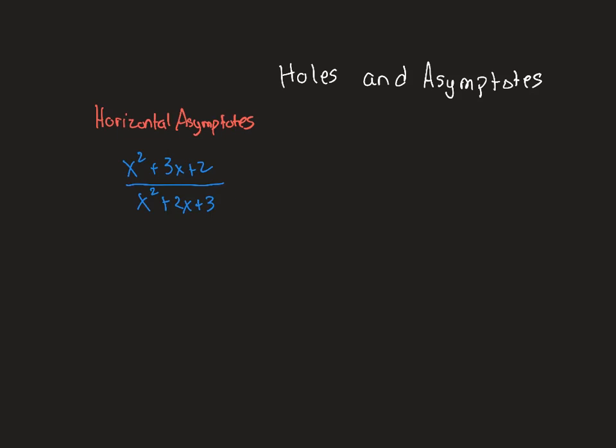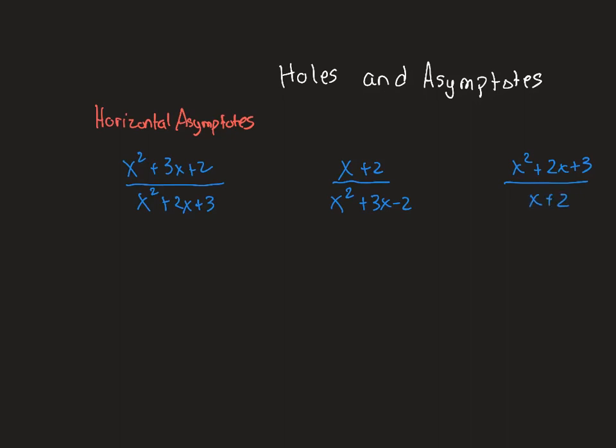And then here we're going to have x plus 2, and on the bottom we'll have x squared plus 3x minus 2, and on this third one let's have x squared plus 2x plus 3, and on the bottom let's have x plus 2.